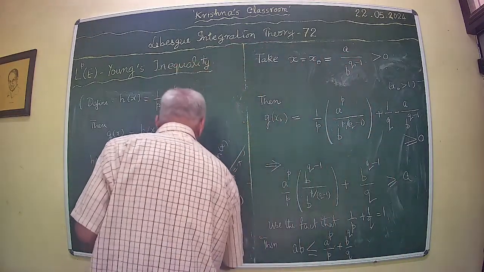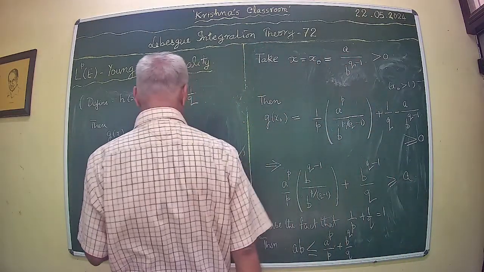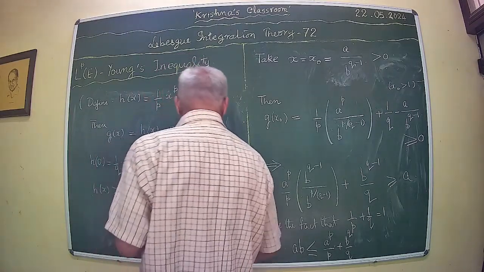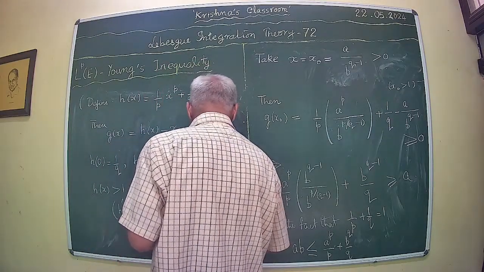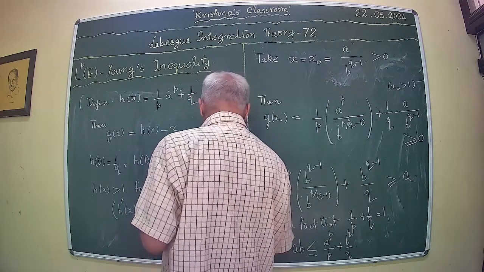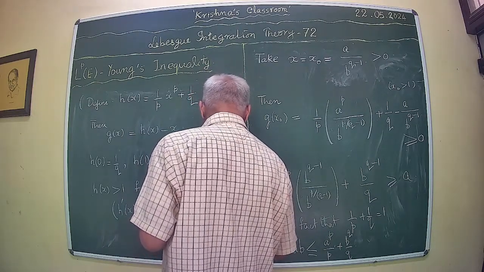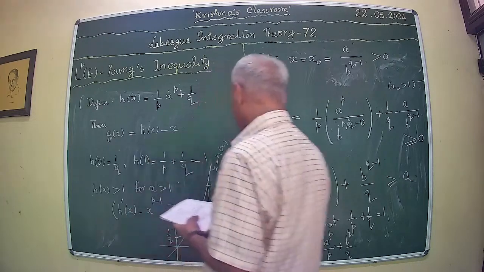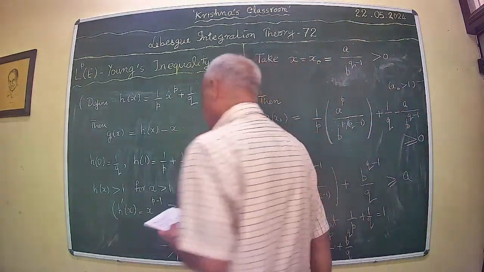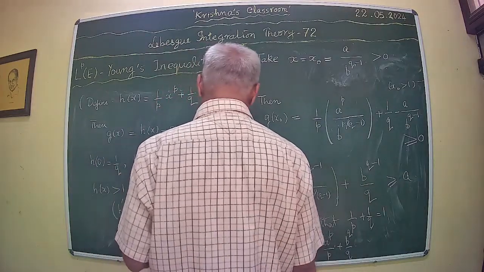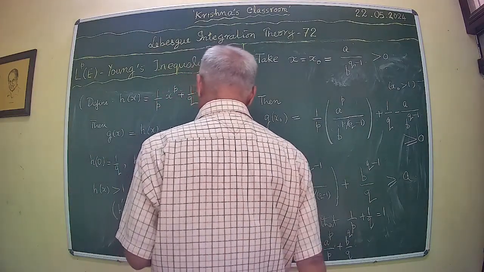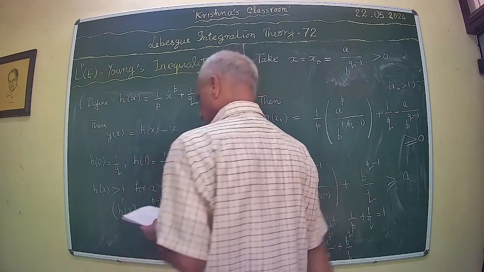Therefore, for any x, see, hx is greater than infinity. So this inequality we make use of. Hx minus x is positive. So we make use of this, and that's what we have made use of.